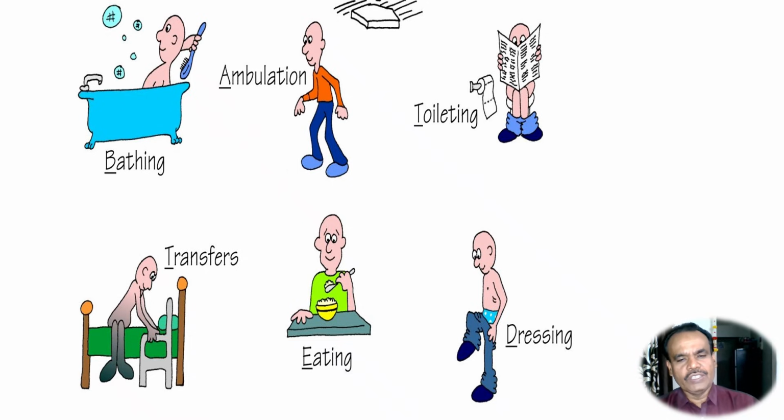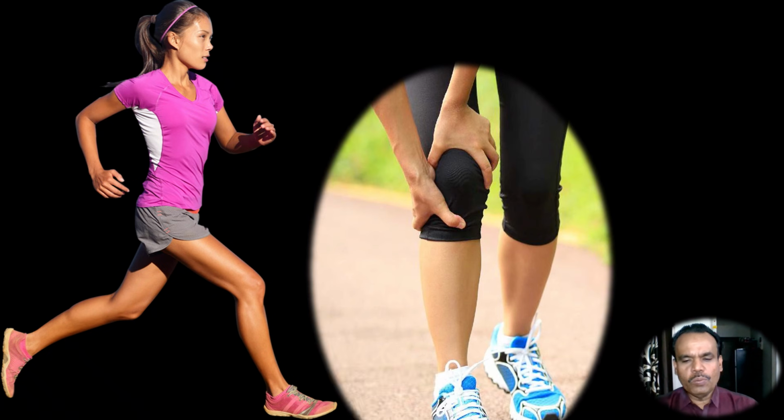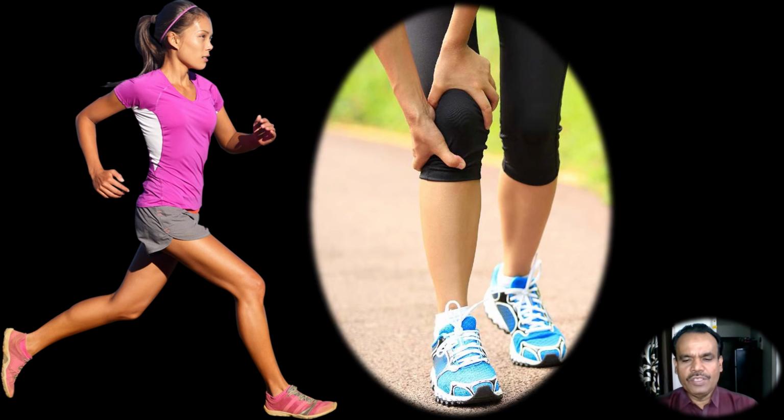So in short, we can say that it permits varieties of activities of daily living such as ambulation, bathing, cleaning, dressing, eating, transfer and toileting. We need normal function of knee joints for athletic activities, and it is also possible that sometimes knee pain comes because of overuse.